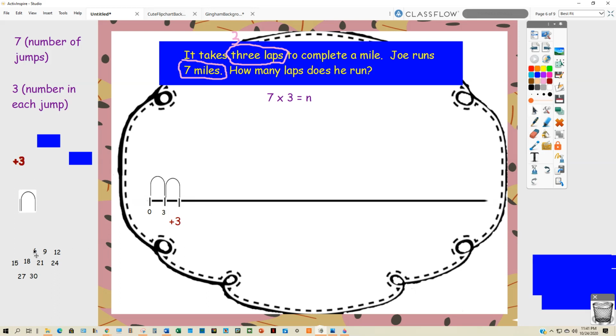Three plus 3 more is 6. If I haven't figured out how to count by 3s yet, all I got to do is add 3 each time. But don't get so caught up that you lose track of the number of jumps that you're doing. Okay? I'm going to do 3 more. 6 plus 3. That's going to give me 9.